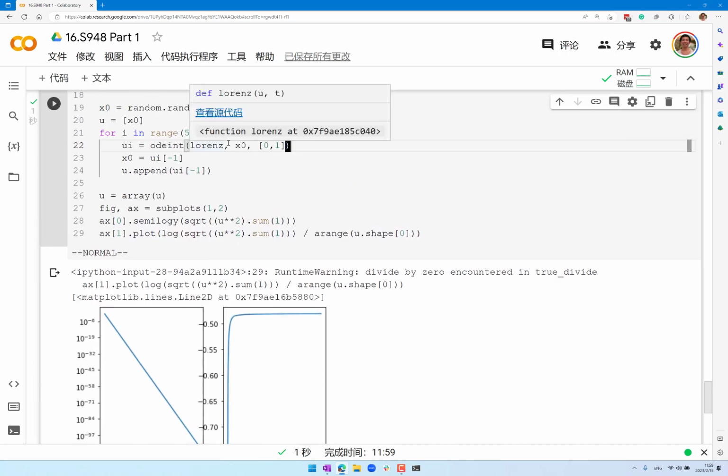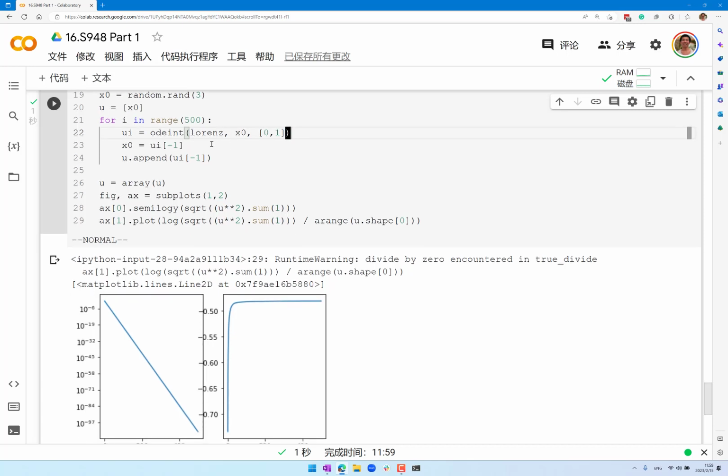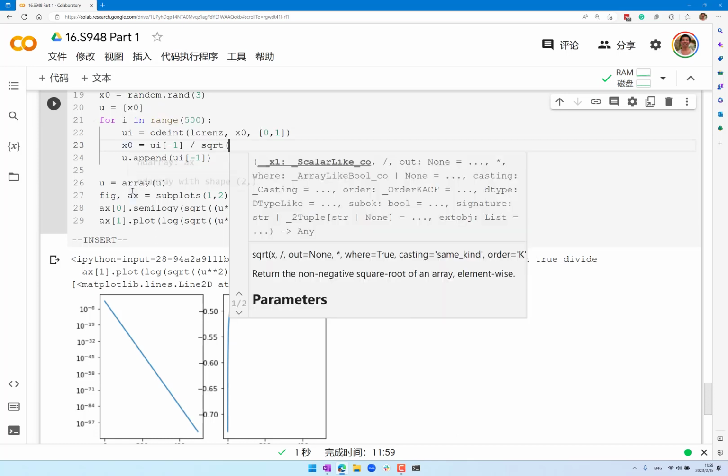So if I pass the initial condition that's smaller, it keeps it being small. But the real trick I'm suggesting here is instead of setting x0 to just the last solution, we actually normalize the x0 so that it's always magnitude 1.